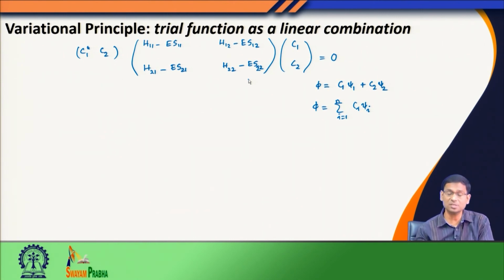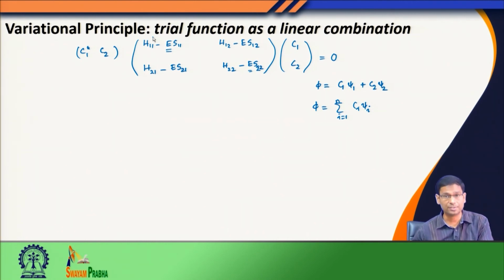I can keep changing the value of n. If I diagonalize this 2 by 2 matrix, the eigenvalues come out as E. Since I have a 2 by 2 matrix, when I diagonalize it I will get 2 energy values.